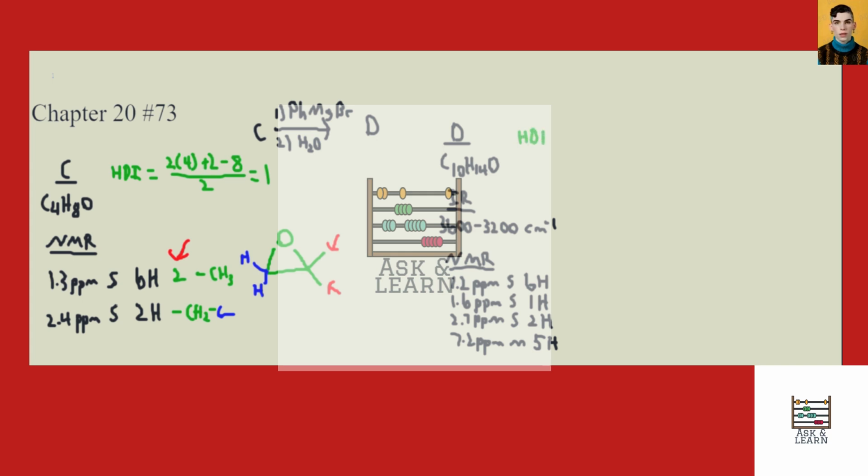We'll calculate an HDI for this formula: 2 times 10 plus 2 minus 14, all of that over 2. So 22 minus 14 is 8, over 2 is 4. That 4 is entirely accounted for by the benzene ring. Phenylmagnesium bromide obviously has an aromatic ring, and that accounts for all 4.